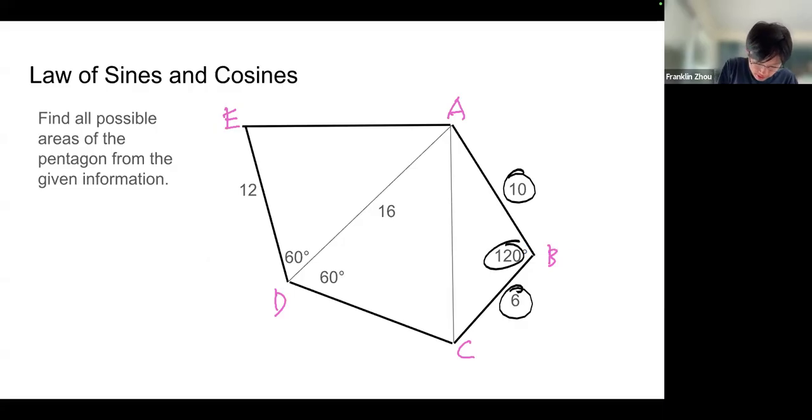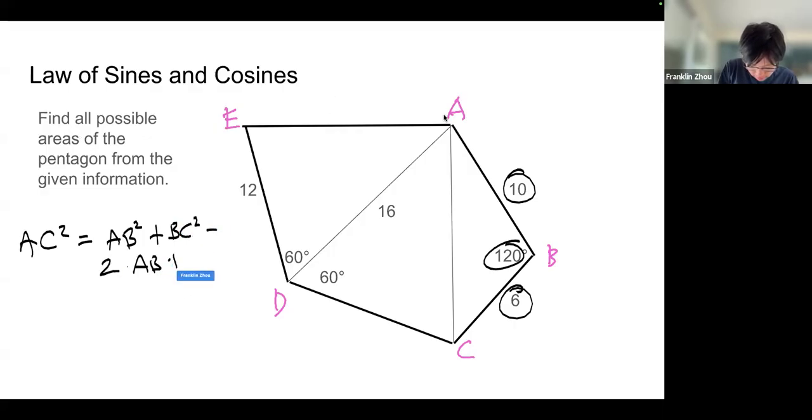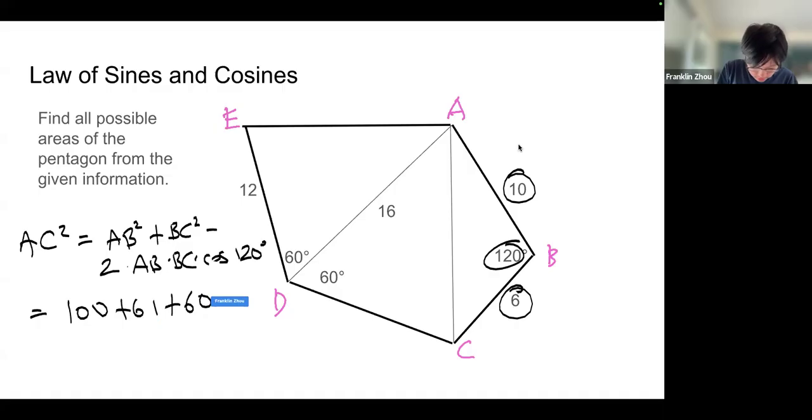And in this case, we will find that AC squared is equal to, and from here, wait, that's not correct.